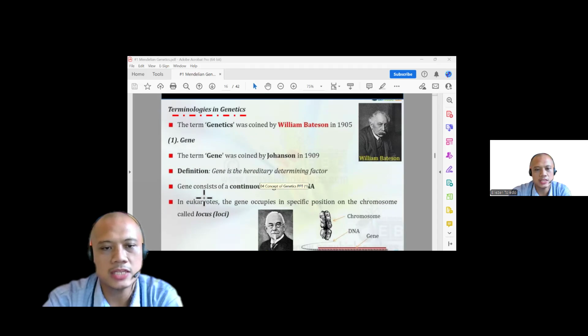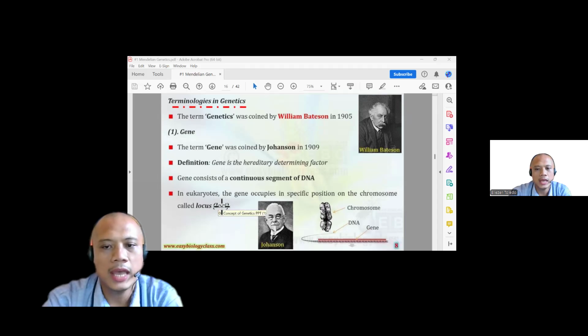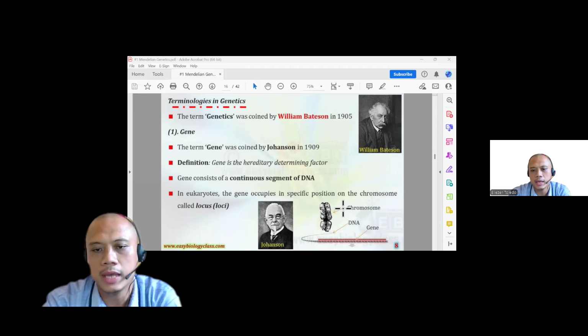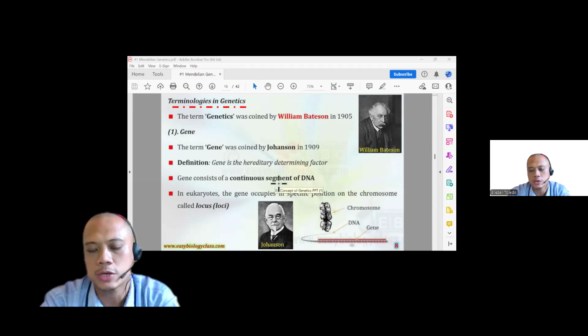A gene consists of a continuous segment of DNA, as we all know. And this term, locus or loci, what does that mean? Sorry, let me just scroll a bit. It refers to a specific position, a location, on the chromosome.